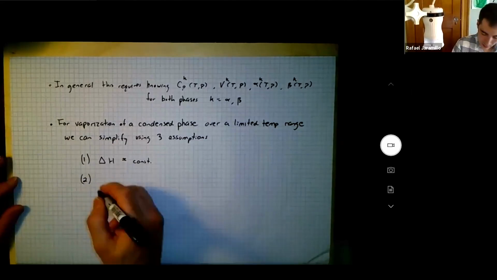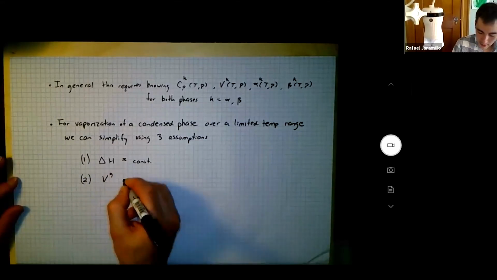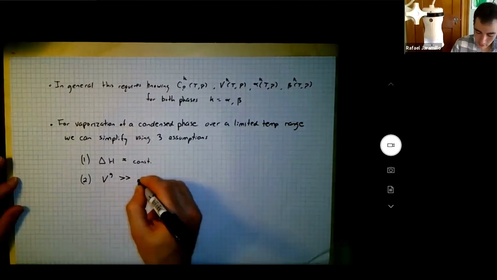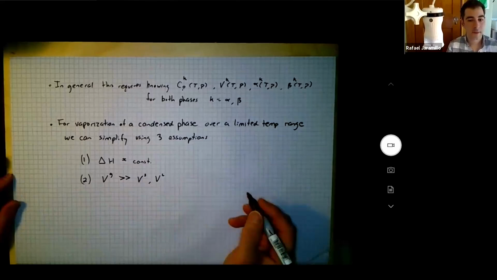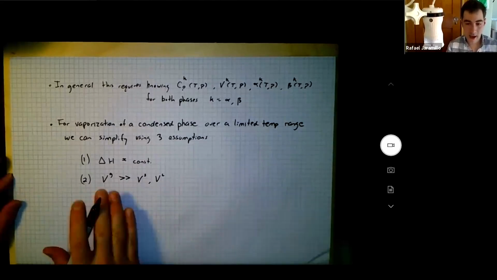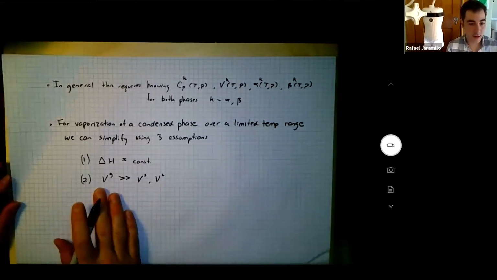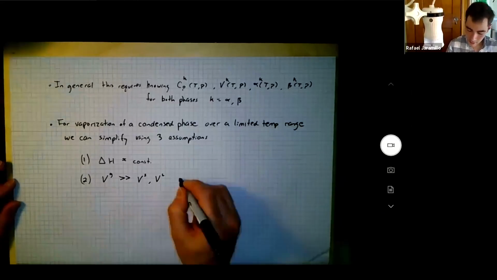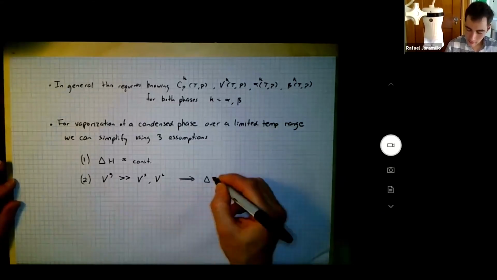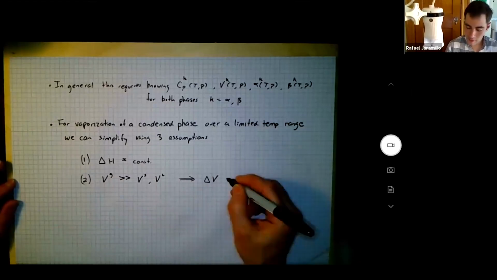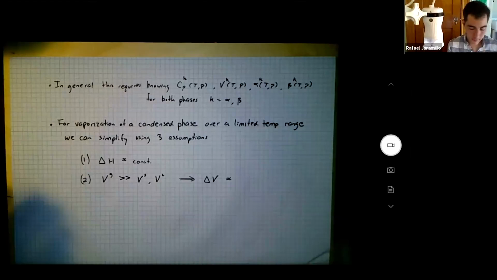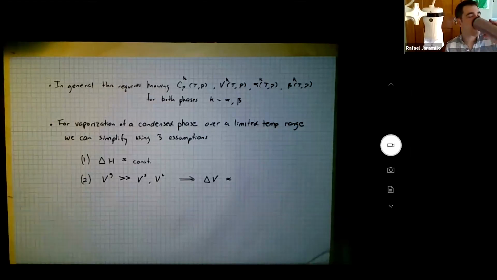Two, the volume of the gas is going to be much, much greater than the volume of the solid or the liquid. If I assume the molar volume of the gas is much, much greater than the solid or the liquid, then delta volume is approximately equal to what? Delta volume, this is a transformation quantity.